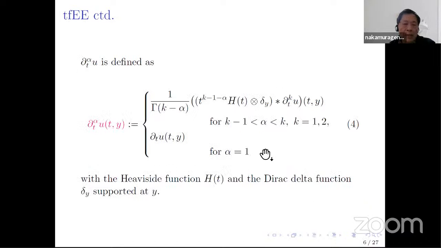And the time derivatives are defined by this formula. This one is for the case k equal to 1 and 2, and alpha is between k minus 1 and k. And for alpha equal 1, this is just the usual t derivative. And here H is the Heaviside function, and delta_y is the Dirac delta function supported at y.